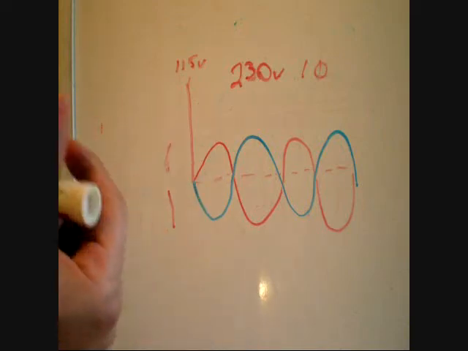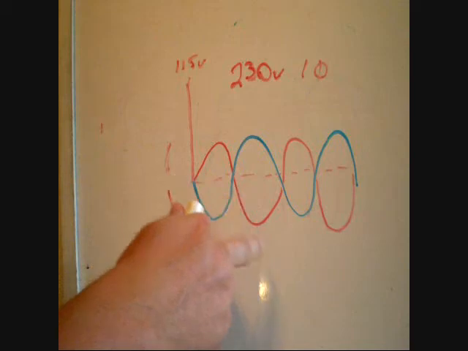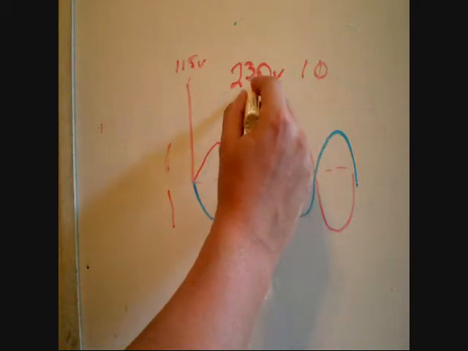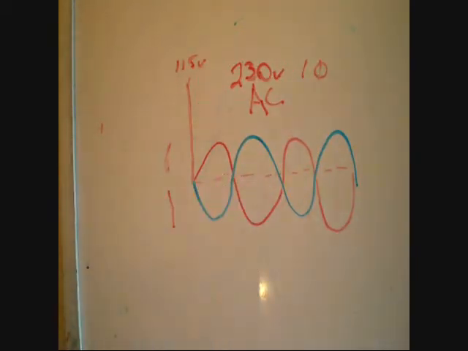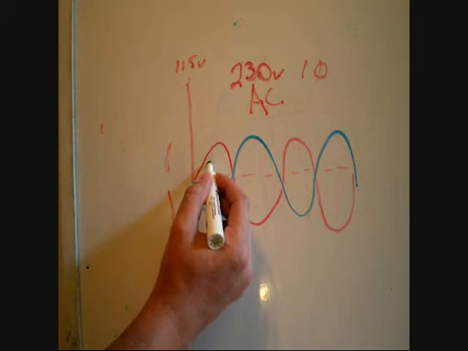Now let's just talk a second about what the sine wave is really representing, because this is alternating current. So what we're really talking about, and let's use green for this, is the electrons.